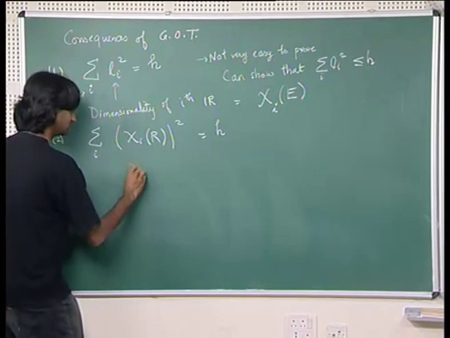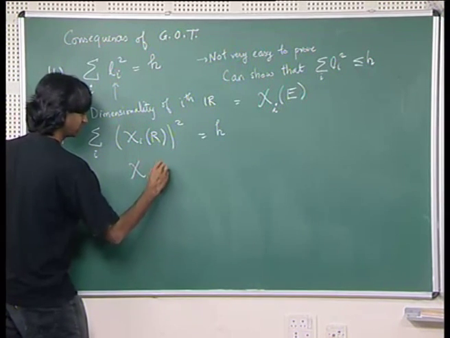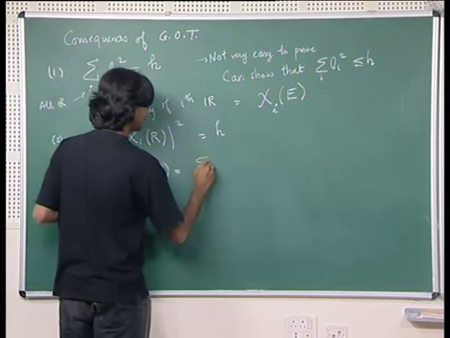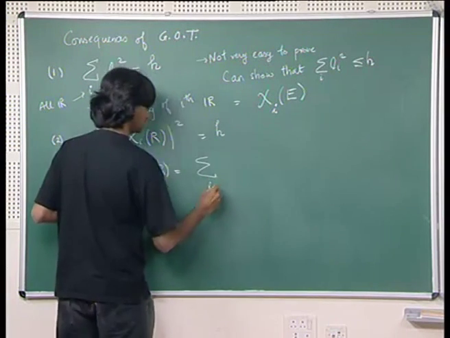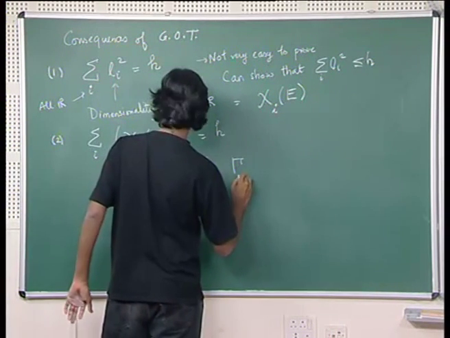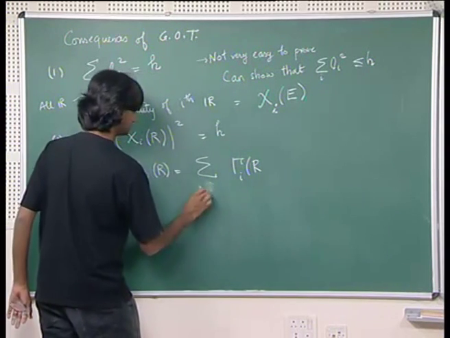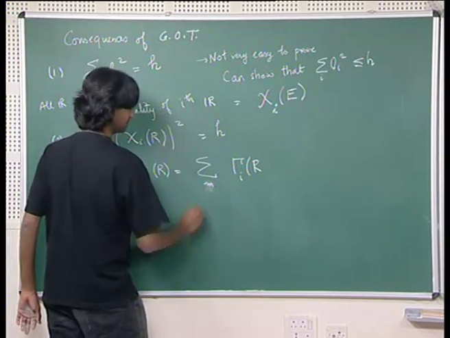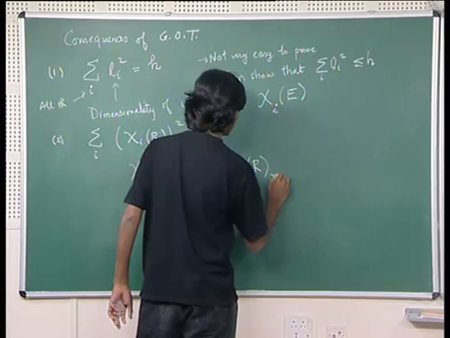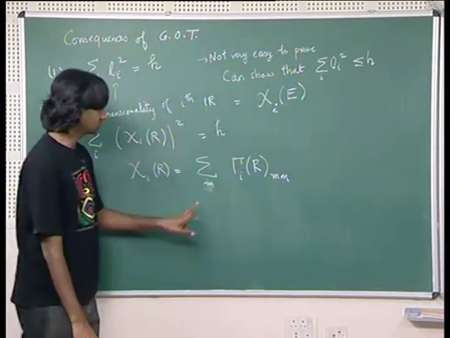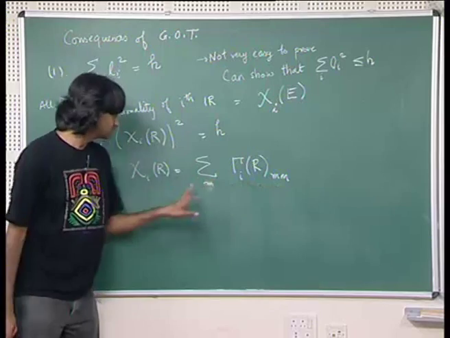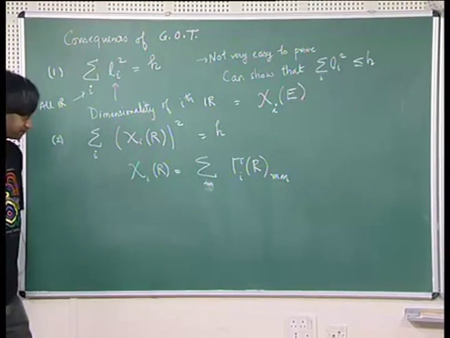So chi_i of R is nothing but the sum over m of gamma_i(R) mm, the sum over the diagonal elements. So chi_i of R is nothing but this.